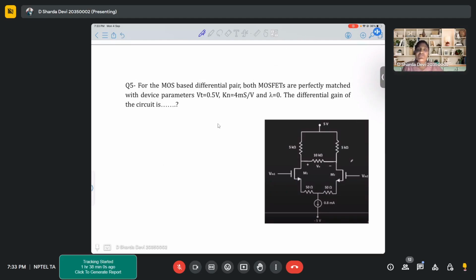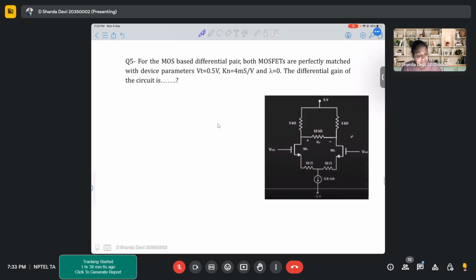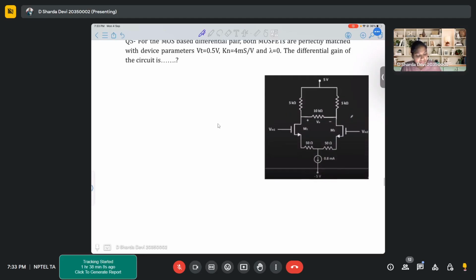Here, instead of using active loads, we have used real loads or real resistors. So everyone can tell that this is a differential amplifier. Any doubts in this?